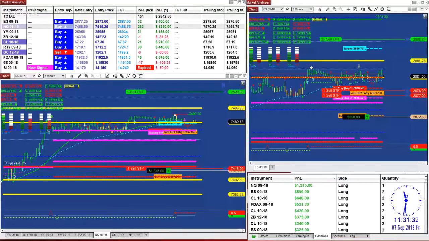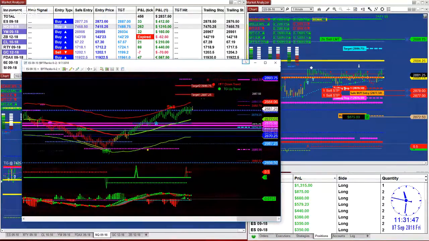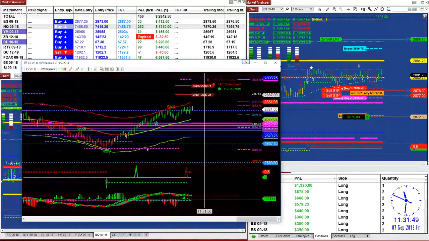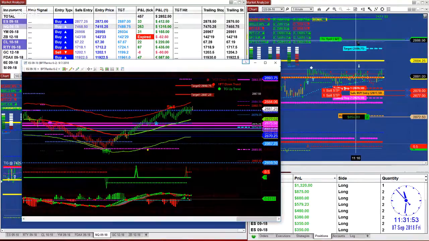$86.75. So if this ES starts moving, the first target is 87.75 and the resistance is 88.25.